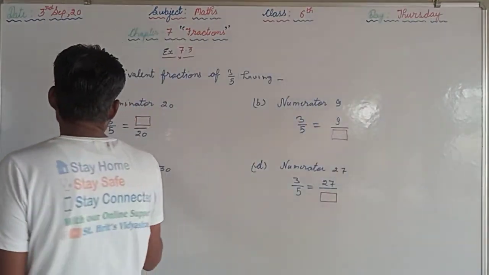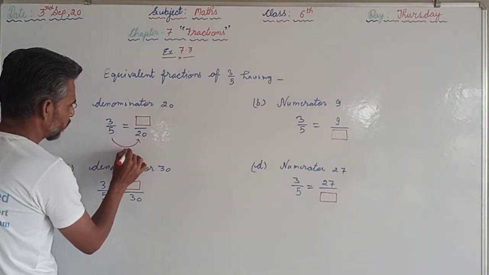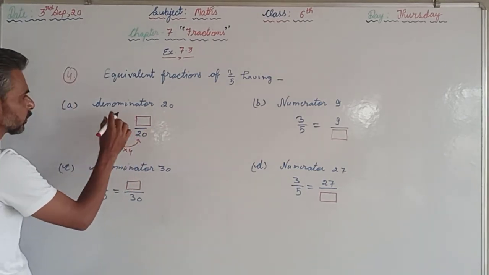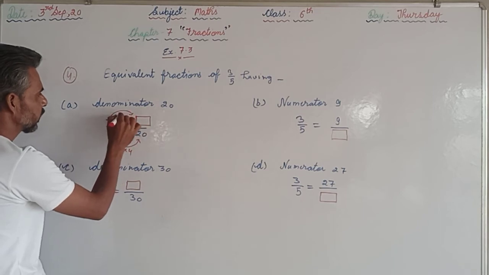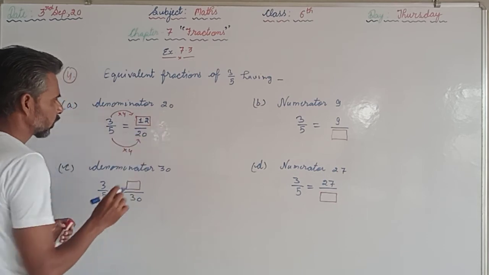So what we have to do here: 5 has been multiplied by 4, 5 fours are 20, so 3 also should be multiplied by 4, 3 fours are 12.